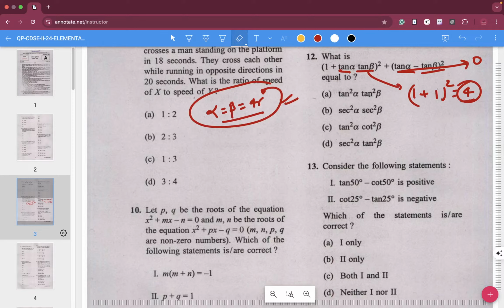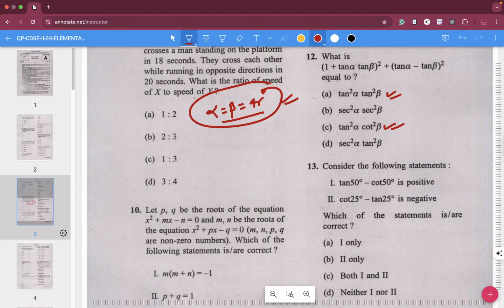4, right? Now let's look at the options over here. If you look at the first option, tan square 45, tan square 45, it is 1 into 1 only. This is also 1 into 1 only. What is the value of secant square?